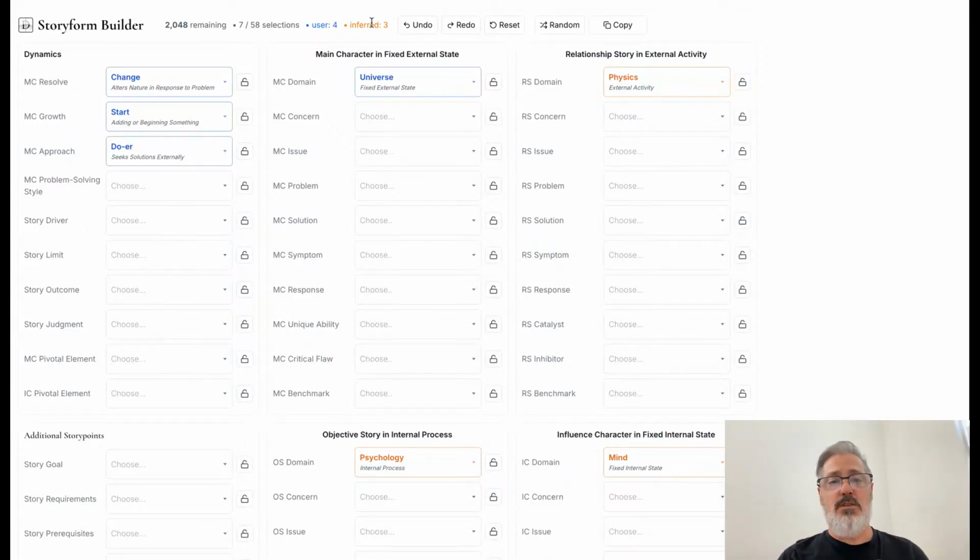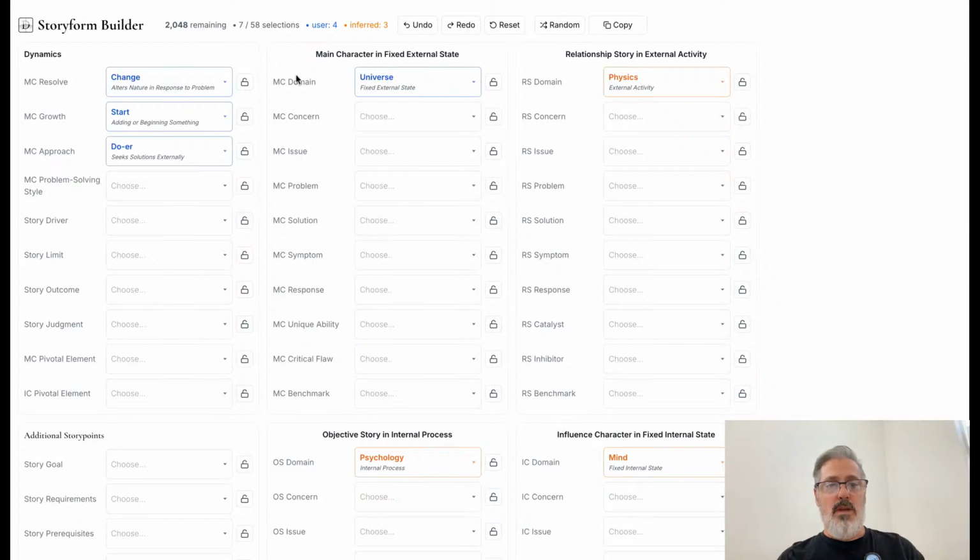And you'll see it inferred three different options. Blue are all the choices that I've made, and then three is telling me, all right, if that's the kind of story you want to tell, this is where conflict needs to be for those other through lines to create a balanced and thematically consistent narrative.